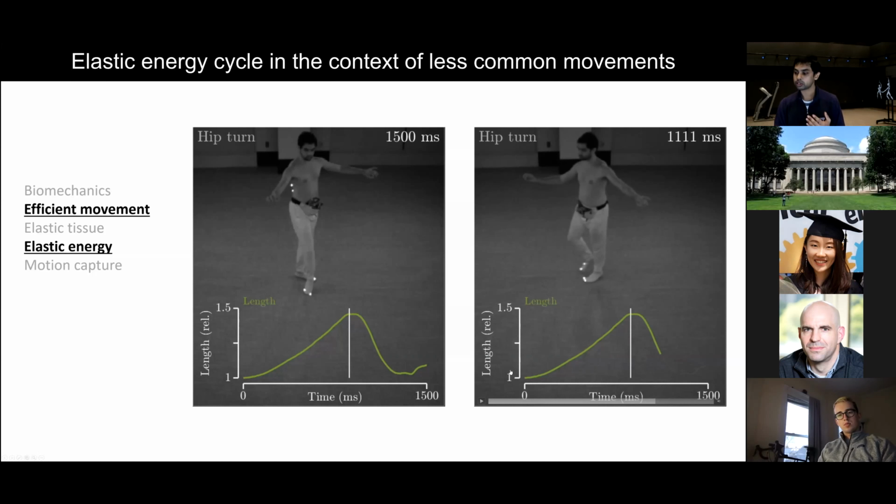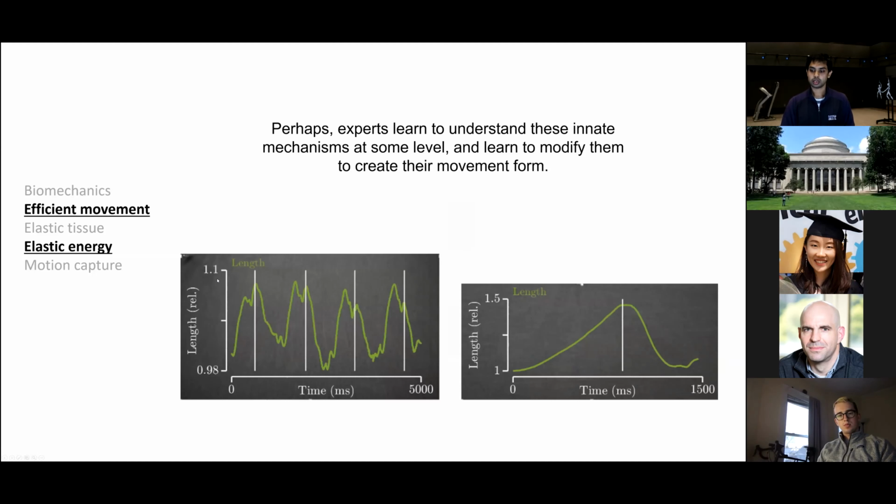If you happen to notice, the y-axis is a very different scale compared to walking. Here, there is a 10% change in the length of the lat when I'm walking, and then there is like a 50% change when I try to do something more interesting from the perspective of art or athletics. So one interesting idea is perhaps we use the same mechanisms in the same sequencing that we use innately as we walk or breathe to create movements.